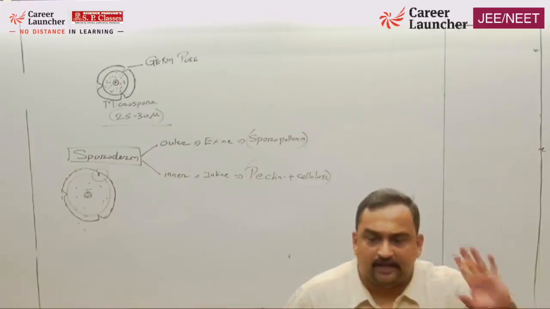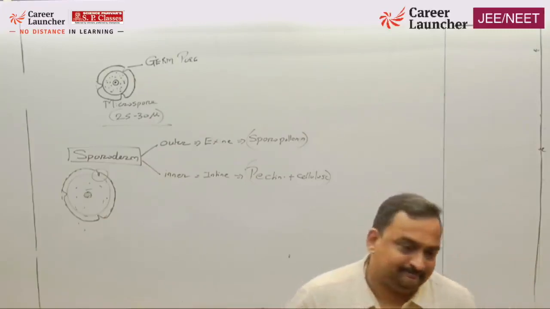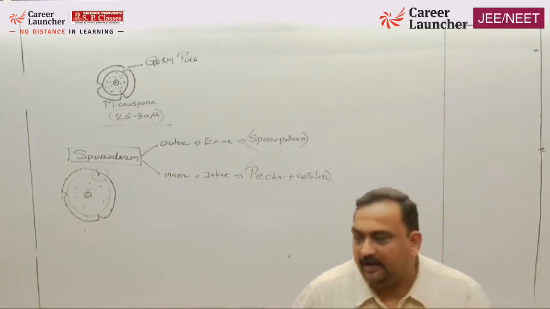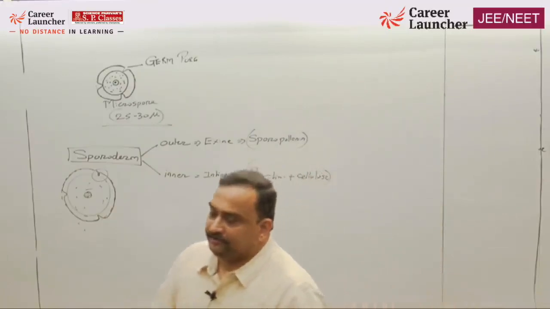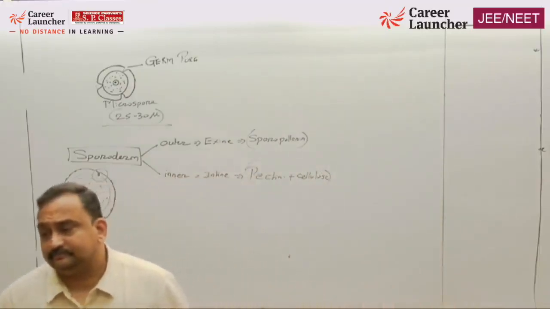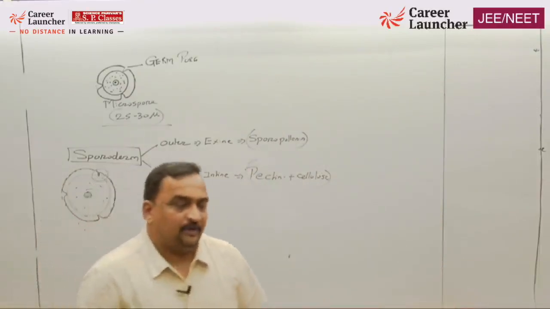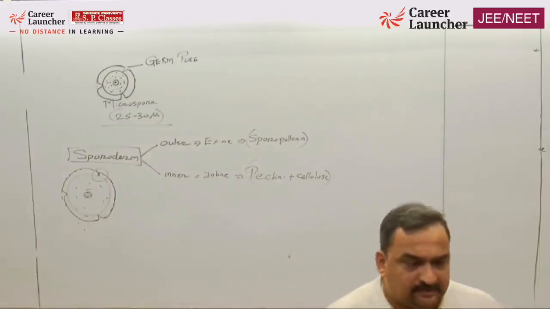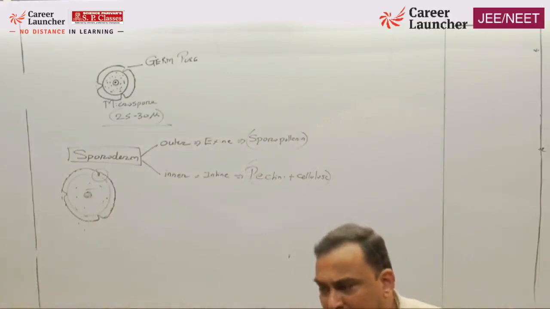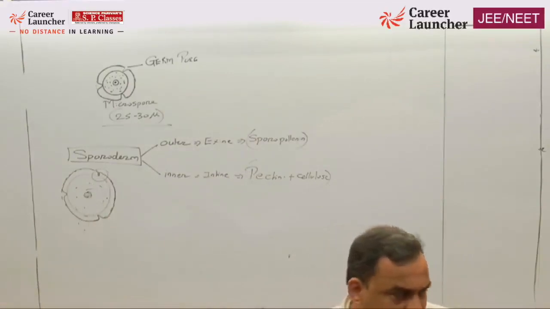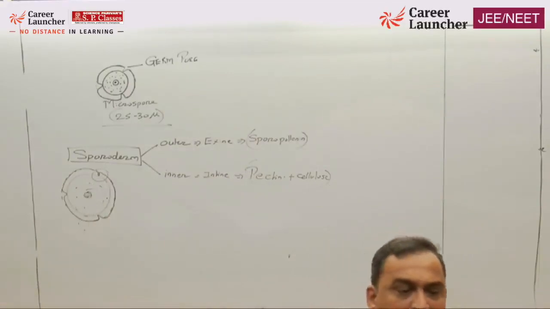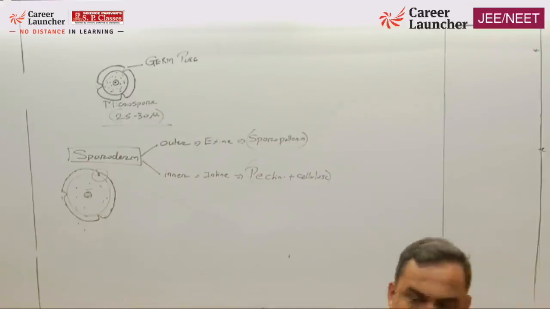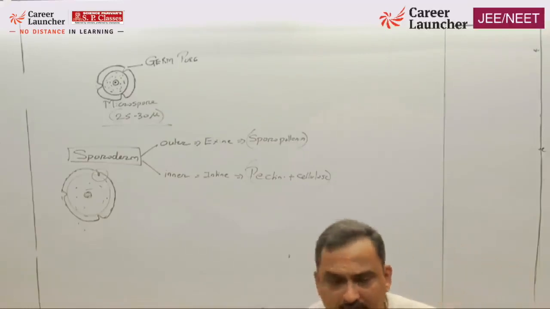Depending upon the type of pollination, the external surface of the pollen grain shows variability.